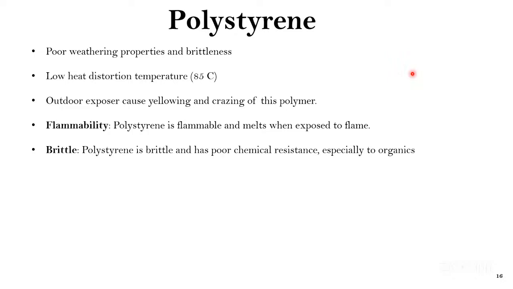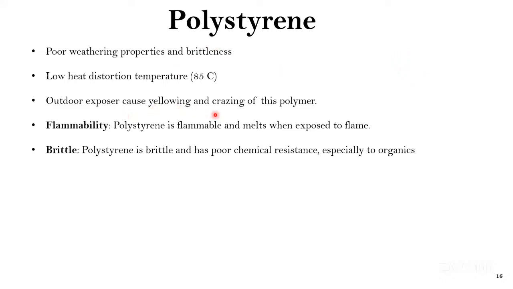But I think polystyrene is better compared to polypropylene in terms of UV protection. You can say that, but polypropylene is a little bit more sensitive, and that also depends on whether additives are present. If you add additives, then this problem will be solved.